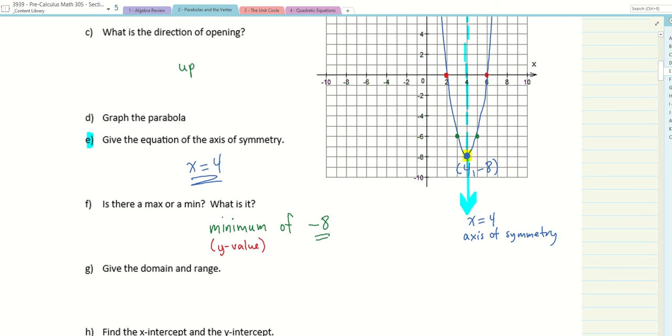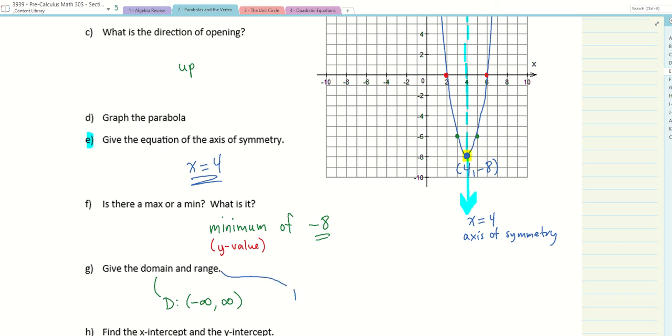The domain of the parabolas this year is always going to be pretty much all reals. So let's do it in interval notation. The domain is any value from negative infinity to positive infinity on that graph. But the y values, the lowest one is -8, and it goes all the way up from there.